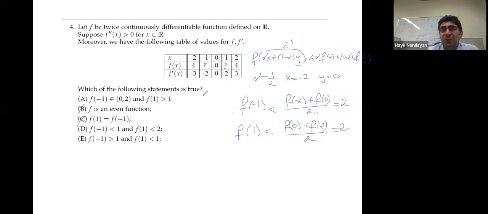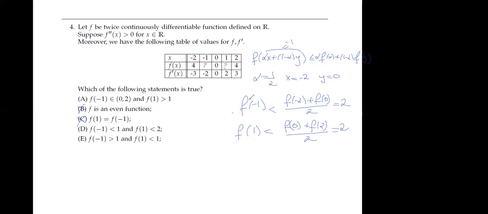What else can we do, guys? Do you have other suggestions, or should I move forward? What can we do to understand something about f(-1) and f(1)? So far, we know that f(-1) is less than 2 from concavity.